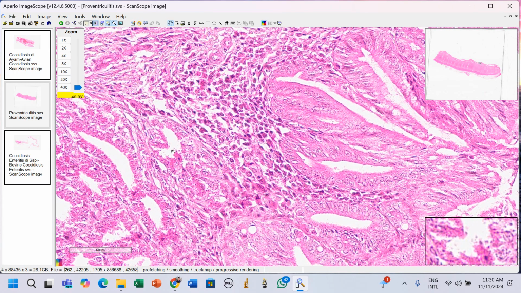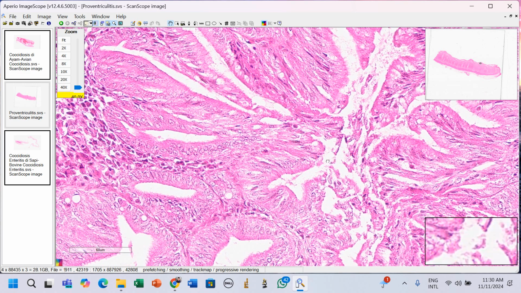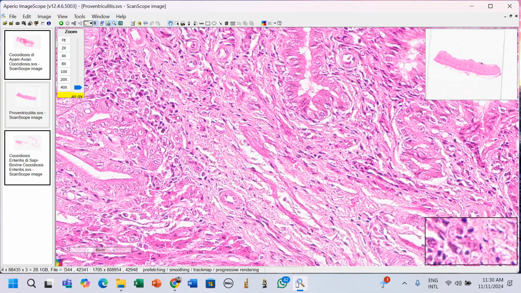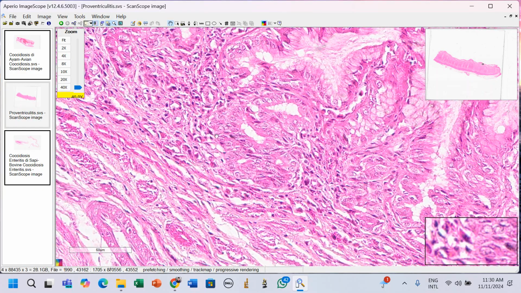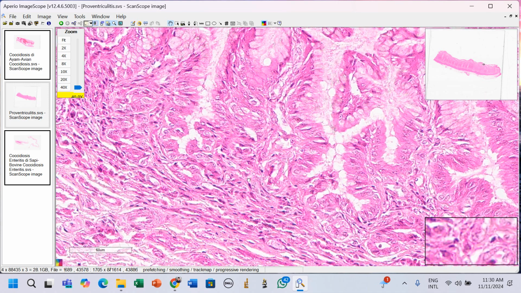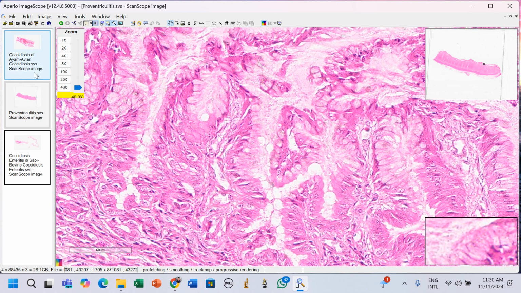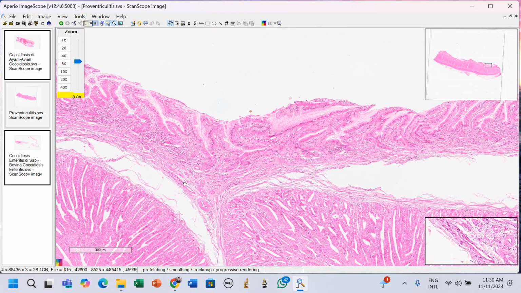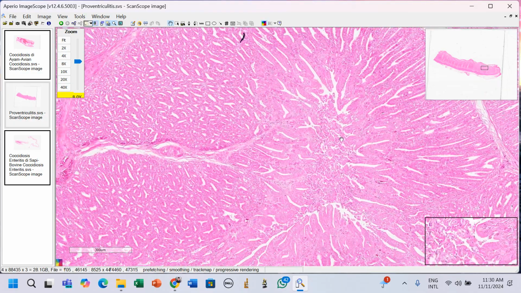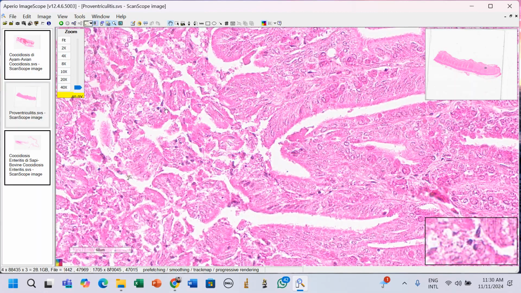Okay. Look at the type of the inflammatory cells, put it in your reports, and determine which inflammatory cells are the predominant cells in the inflamed parts of the proventriculus. Not so difficult, right?